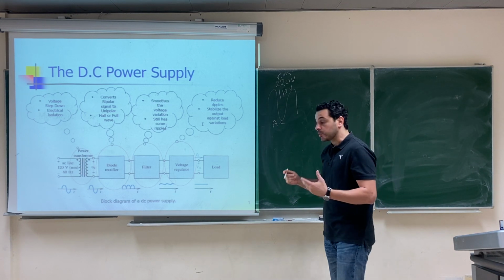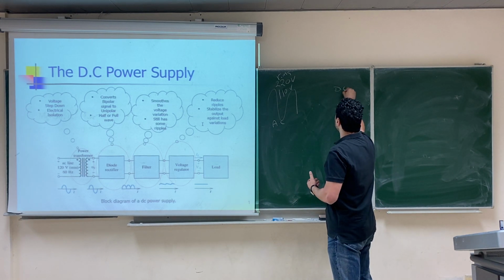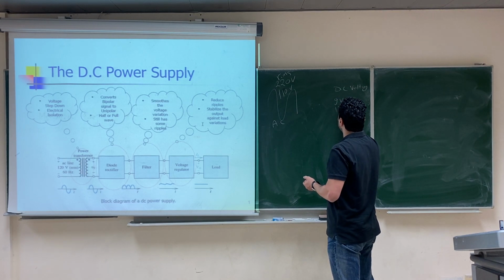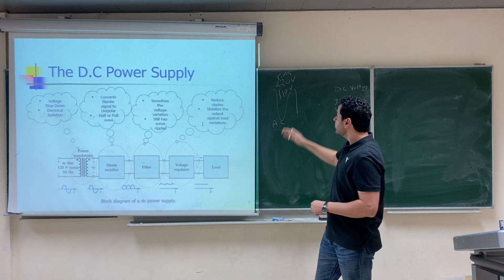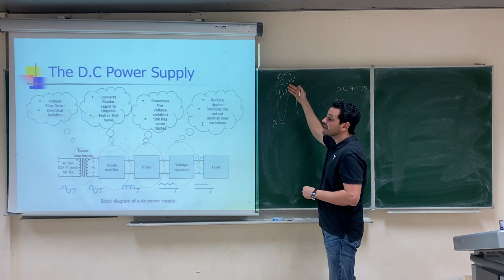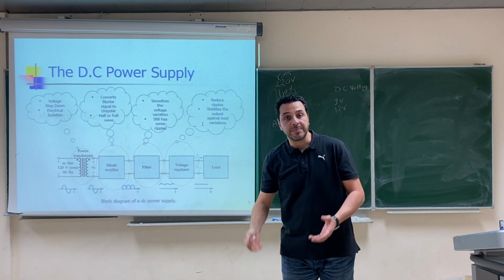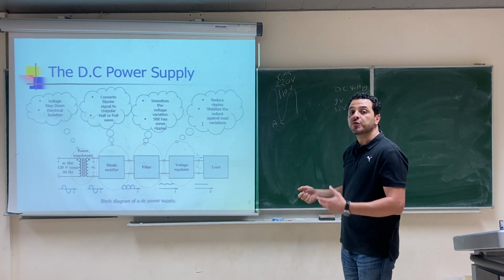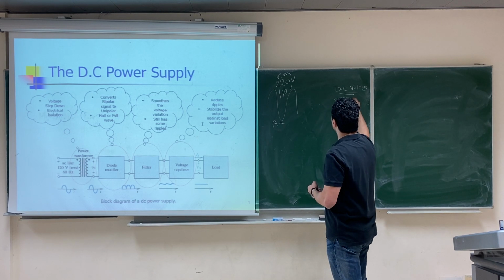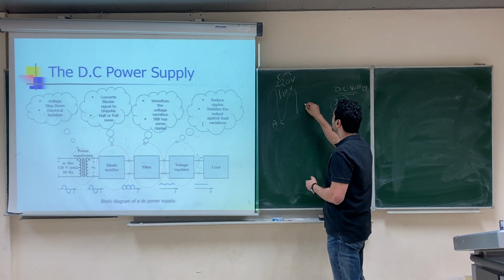However, your laptop, your computer, works with a DC voltage in the range of sometimes 9 volt or 12 volt. So how do we convert this AC voltage that has a high RMS value, in the range of 220, to a DC voltage of 9 or 12 volt to operate your computer?